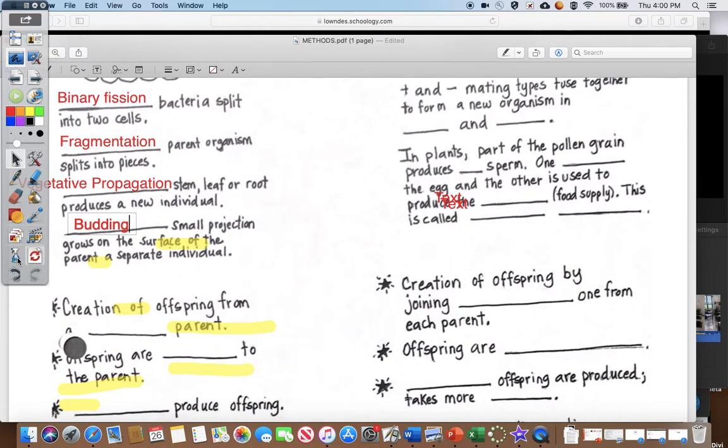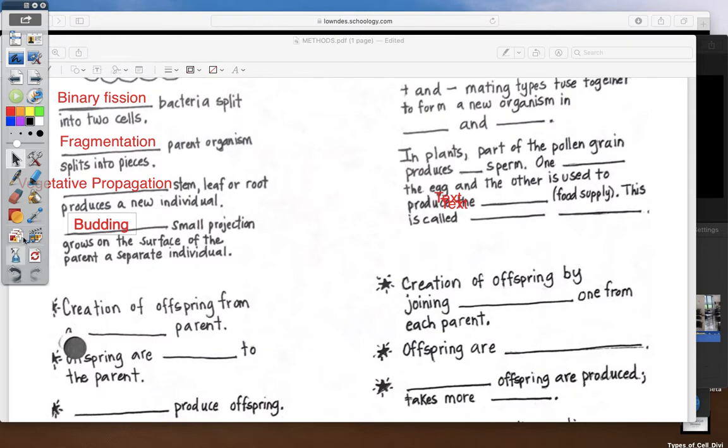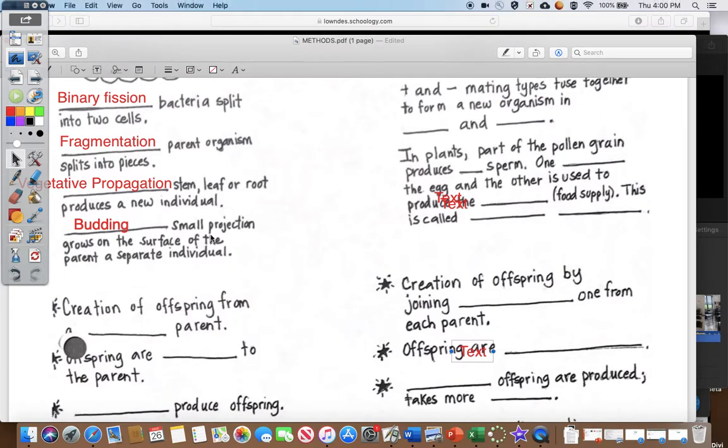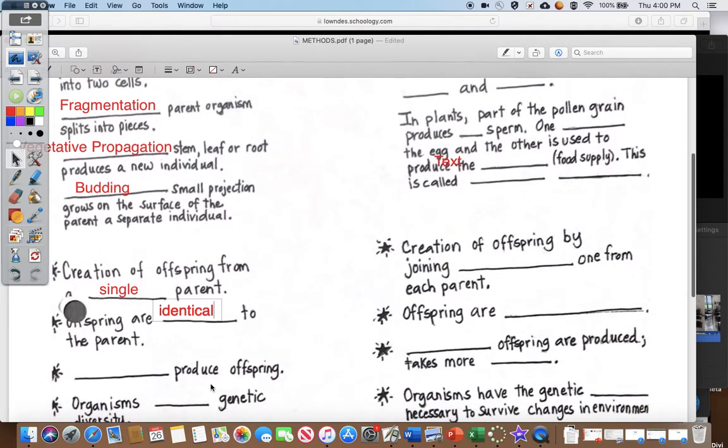Now let's talk about what asexual reproduction means. All right, so asexual reproduction, that's the creation of offspring from a single parent. The offspring are going to be identical to the parent. Okay, and then let's see, what was this one?